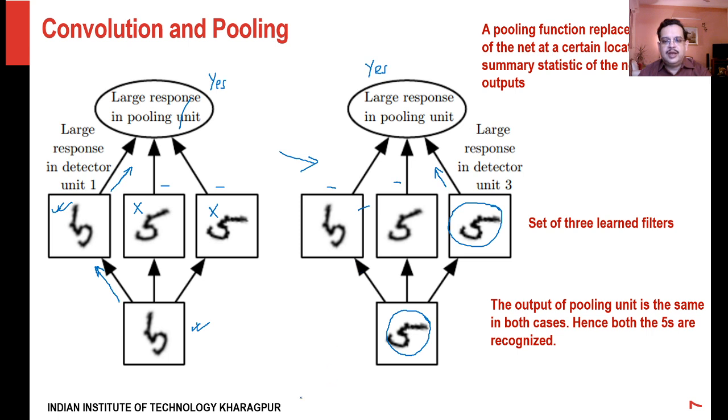Now on the other hand, if I got something like this, for example, if I fed it to this, then this fellow will say that I don't see a 5, this fellow will say I don't see a 5, this fellow will say I don't see a 5. So then the pooling layer will report that, well, no 5 was seen. So that means that regardless of the orientation, this thing that we see here is not a 5.